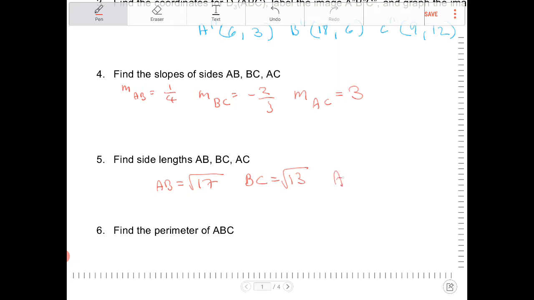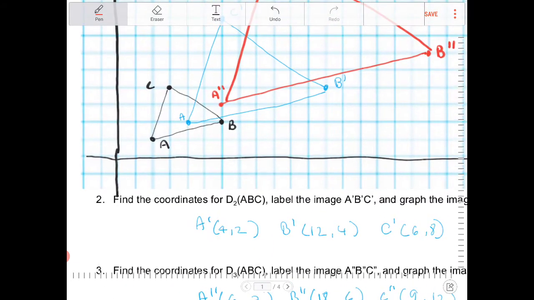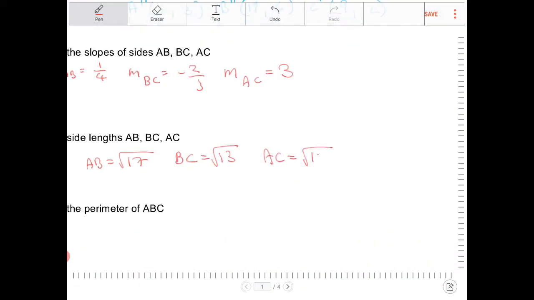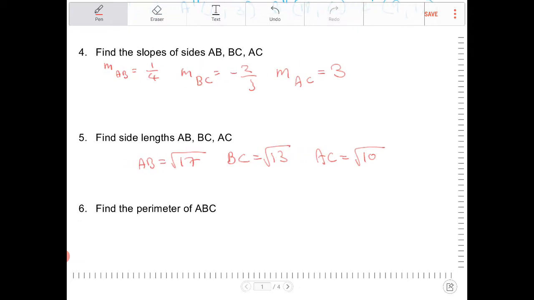And AC, what will AC be? AC will be 1 over and 3 up, so that's square root of 10. 1 squared plus 3 squared. Find the perimeter of ABC. So the perimeter is square root of 17 plus square root of 13 plus square root of 10. This is the perimeter of ABC.